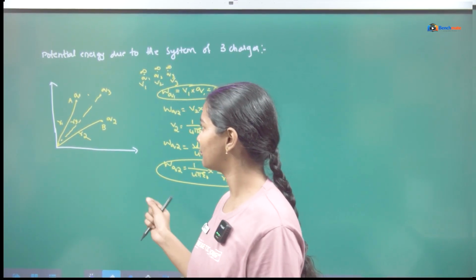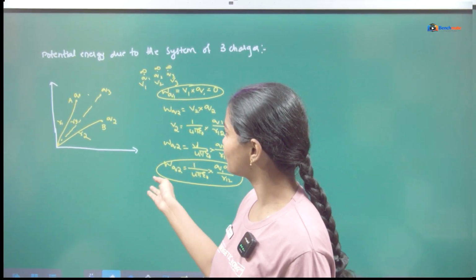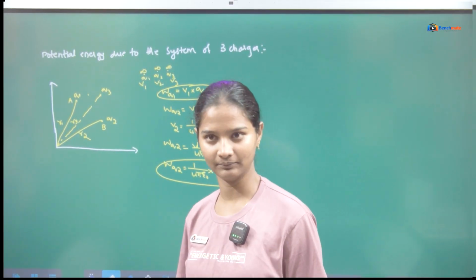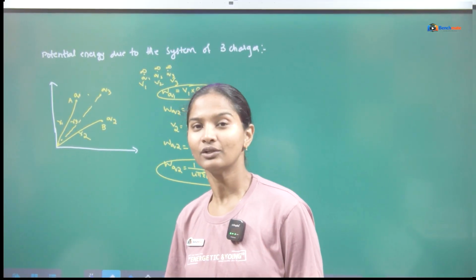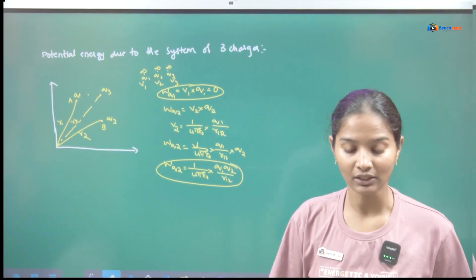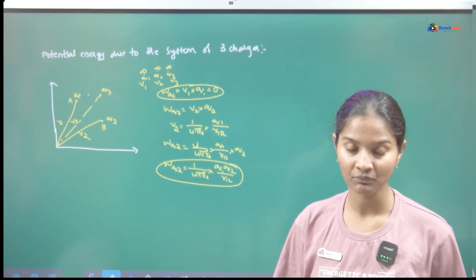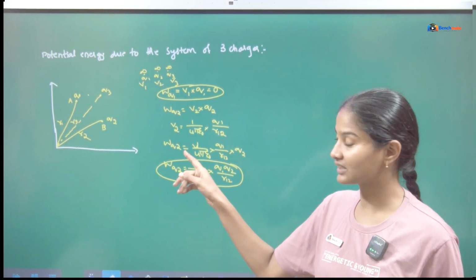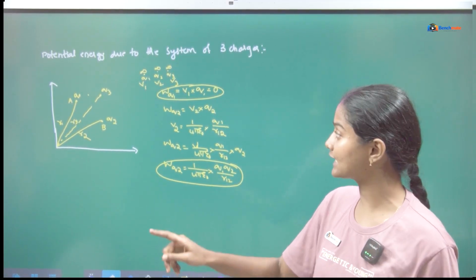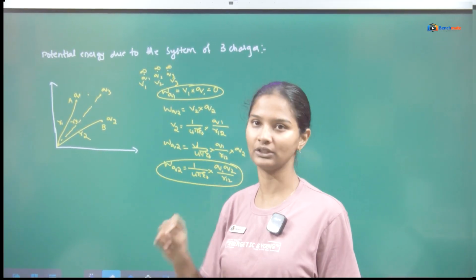But by the time I am bringing Q3 charge into the system, you have Q1 and Q2 already. So whenever I am bringing Q3, Q1 will oppose Q3 and Q2 also will oppose Q3. So in this case, Q3 has to do work against Q1 charge and Q2 charge both to come to that position.